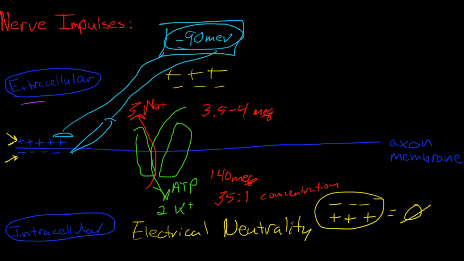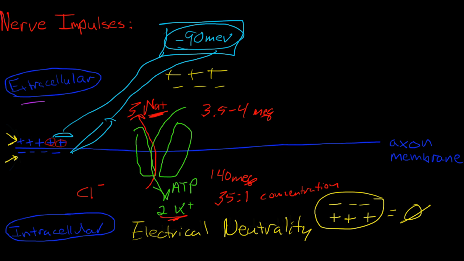So with 3 positive ions being moved out of the cell and only 2 positive ions moving into the cell, this creates a slight charge difference, right? There are more positive ions starting to accrue just on the outside of the cell membrane than there are on the inside of the membrane. Now remember, the anions aren't changing place at all.